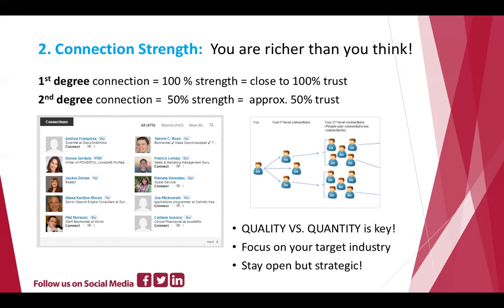And all the way we can go back to 6 degrees, and there is research showing that up to 6 degrees, everybody and anybody can get connected somehow on this planet Earth. But we won't go into that now. That would be a little too much. I'm just right now focusing on the first and the second degree connection.